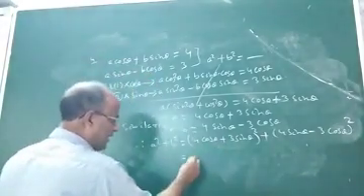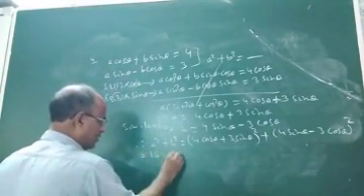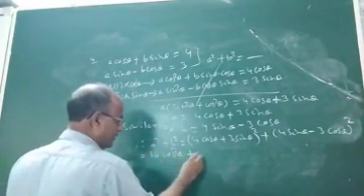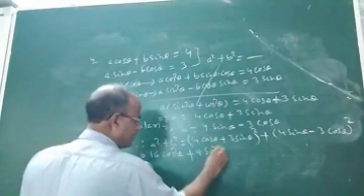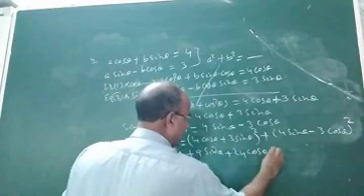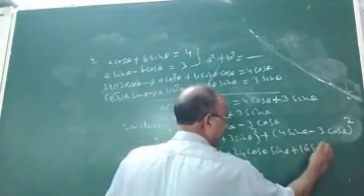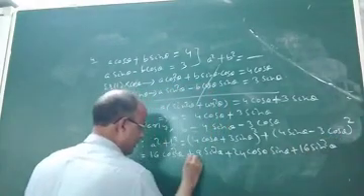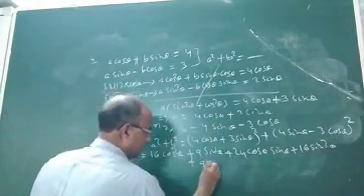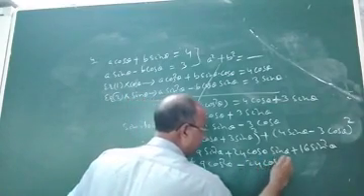So apply the formula. It will be 16 cos square theta plus 9 sin square theta plus 24 cos theta sin theta plus 16 sin square theta plus 9 cos square theta minus 24 cos theta sin theta.